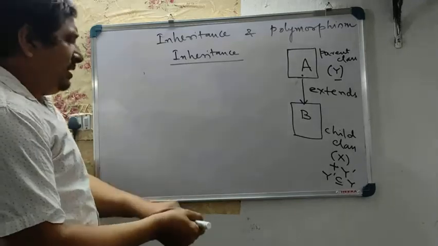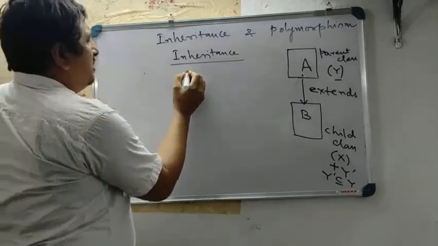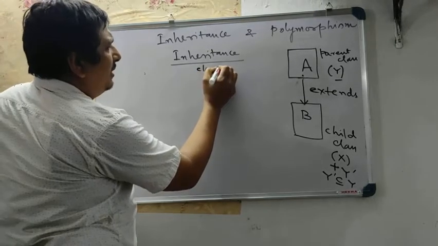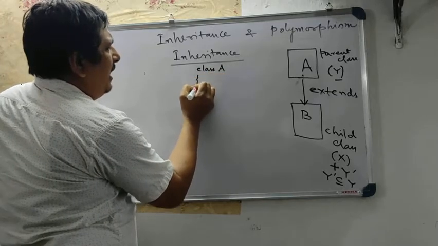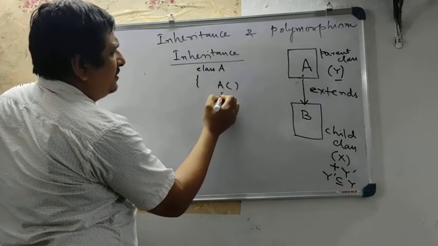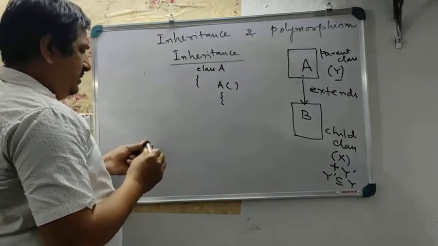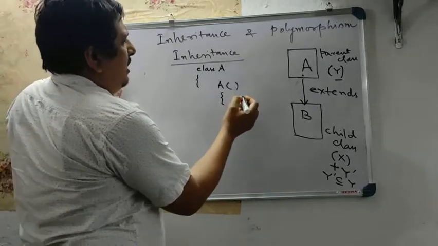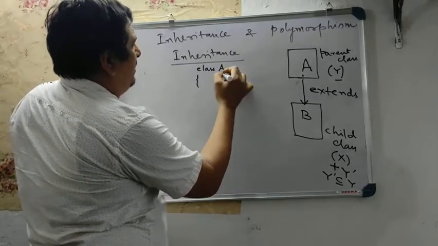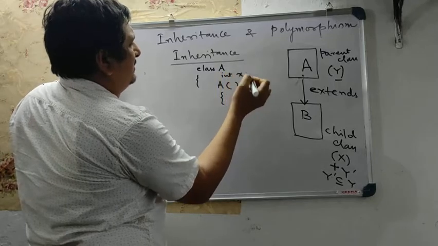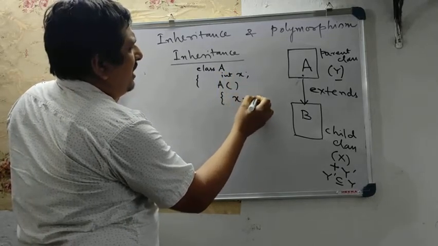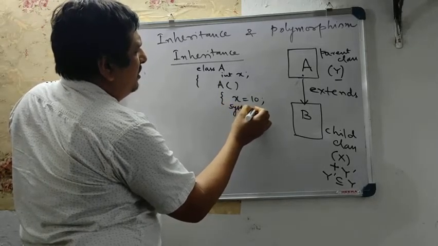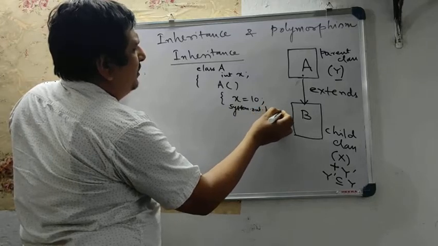Now see how a Java program can be written for this. Let us consider we have a class A and there is a constructor A. Within that constructor, I am defining a variable x and assigning a value, and here I am writing system.out.println.